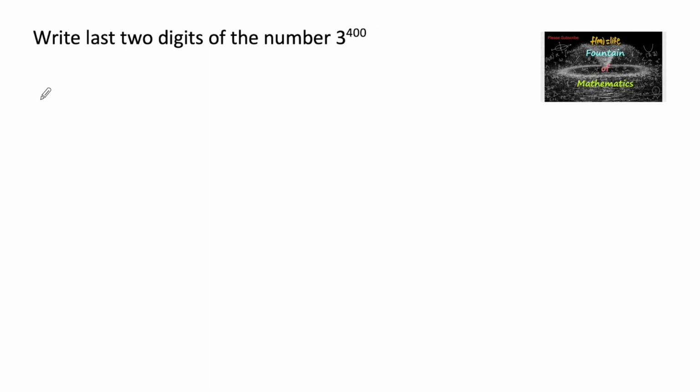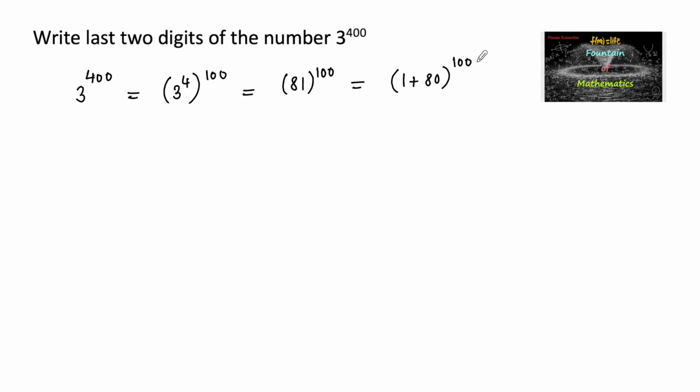Let us use the binomial theorem concept. 3^400 we can write as (3^4)^100. So 3^4 is 81, 81 to the power 100, which we can write as (1 + 80)^100. This is in the form of (1 + x)^n, that is the summation over r equal to 0 to n of nCr x^r.